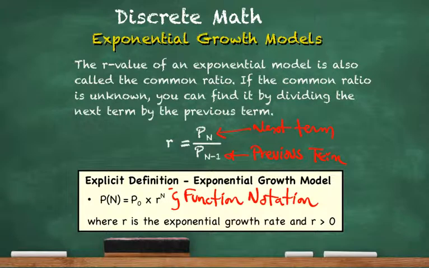If we want to know the population of P10, we can plug it in and get that answer. Where with recursive models, we would have to find P1, P2, P3, all the way up to P10. So we like the explicit model. It allows us to accomplish our work more efficiently.